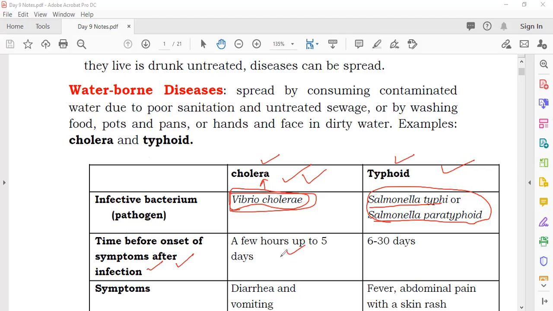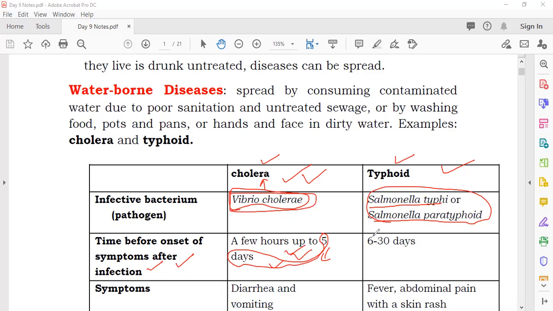You can see symptoms in a person within a few hours, or sometimes it takes even 5 days. Why 5 days? Because your immune system is fighting. If you are infected by cholera, your immune system will first fight the bacteria, and if it is defeated by the bacteria, then the symptoms will start to appear.